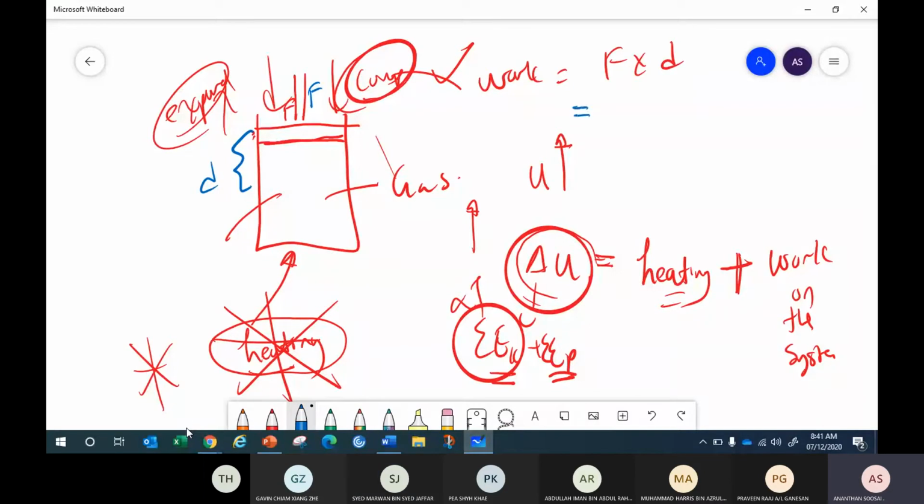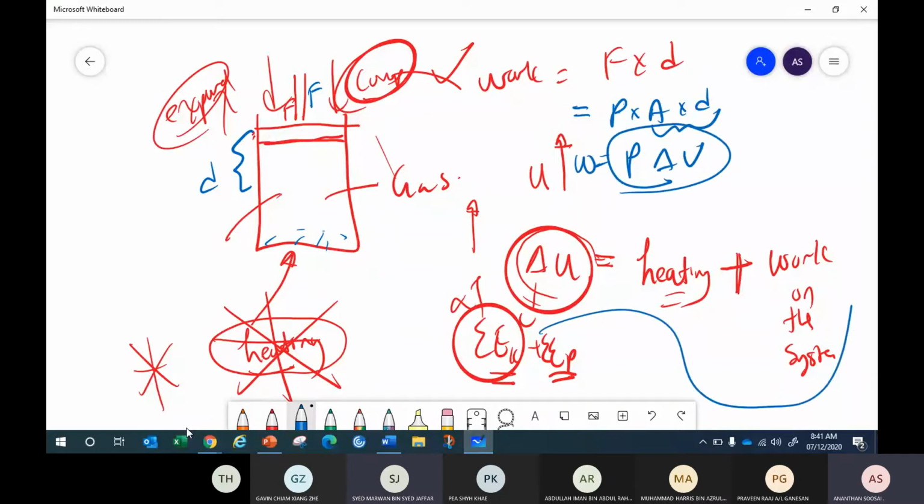So work is force times distance. Force is what? Pressure times area, the cross-sectional area, times the distance you travel. Then this formula becomes what? Pressure times A times D is the change in volume, so work is P times change in volume.